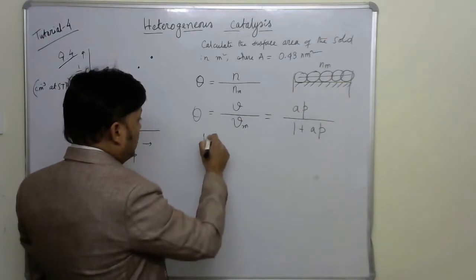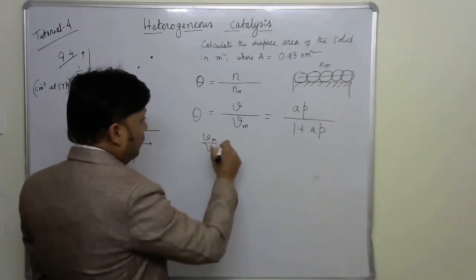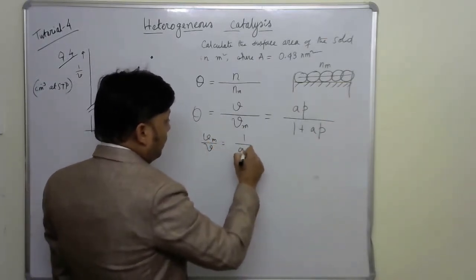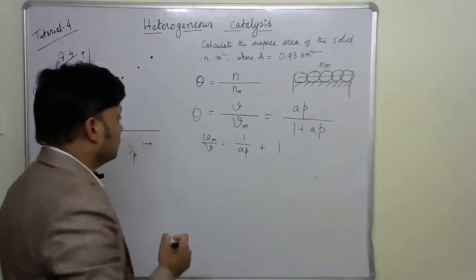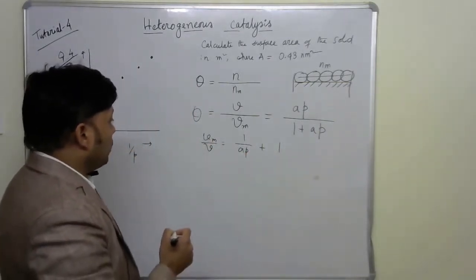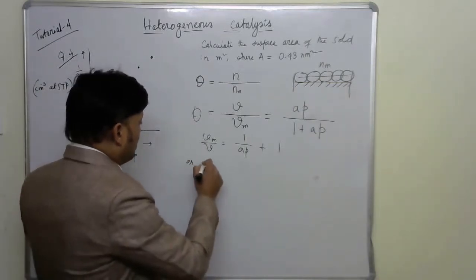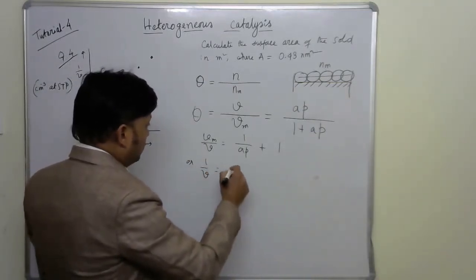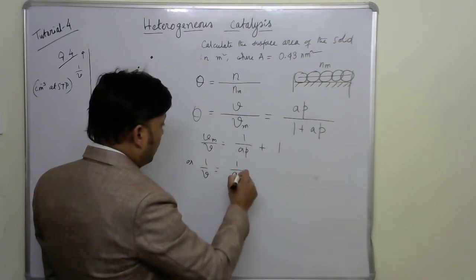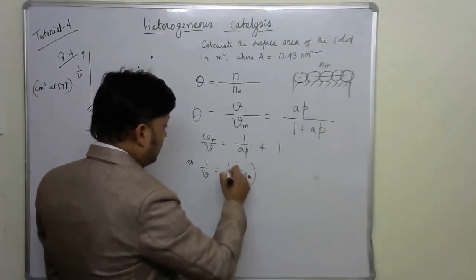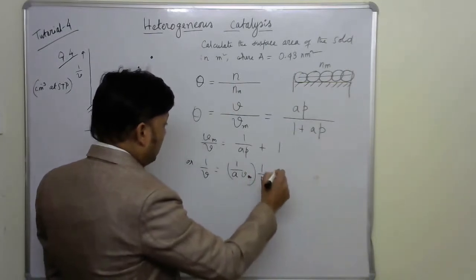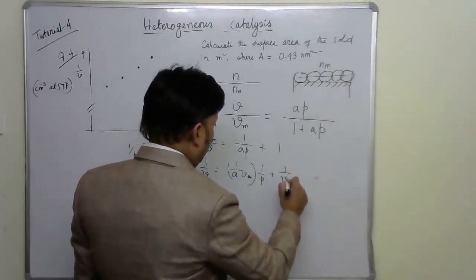That means Vm divided by V equals 1 over Ap plus 1. Then we can write 1 over V equals 1 over A Vm multiplied by 1 over P, plus 1 over Vm.